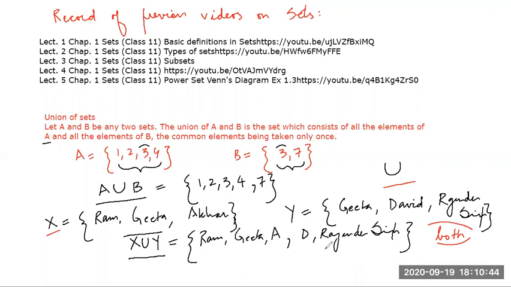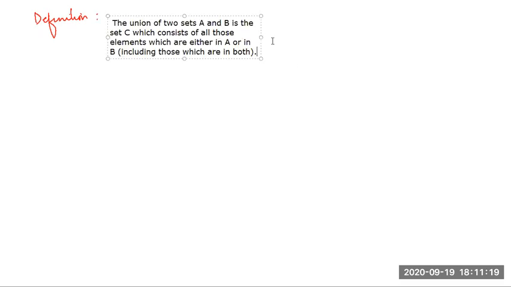Now, I'm going to talk about this definition. And what is this definition? Whatever I've learned just now, this definition actually tells me the meaning of the union of 2 sets.